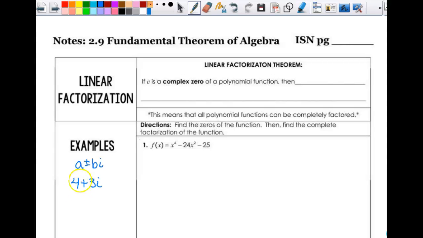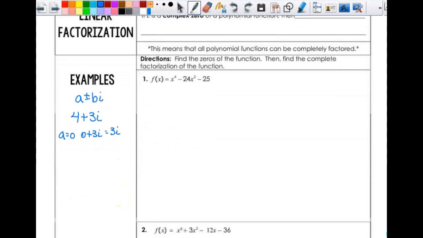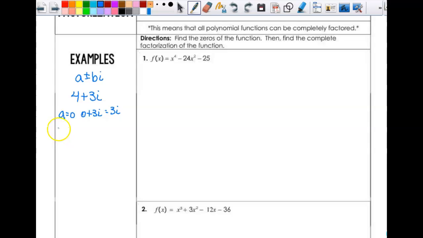But 4 is also considered a complex number because if a equals 0, a plus bi, then I would have 0 plus 3i, which is just 3i. There's your imaginary number. Or if b equals 0, then I would have 4 plus 0i, which is just 4.